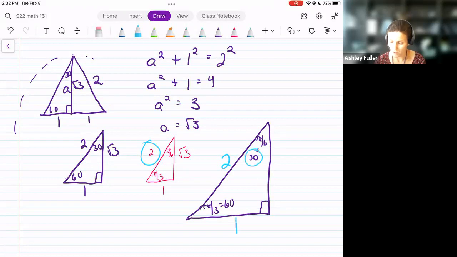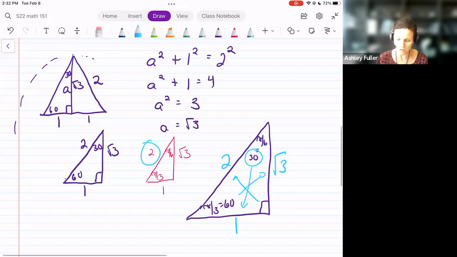It's going to have the smallest length opposite it, which is 1. And then square root of 3 is between. So angles are always opposite the side that holds the same relationship. But that 1 to square root of 3 is going to become vitally important when we start dealing with trig relationships.